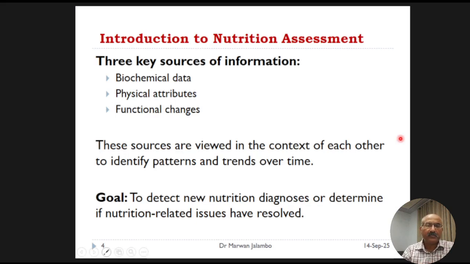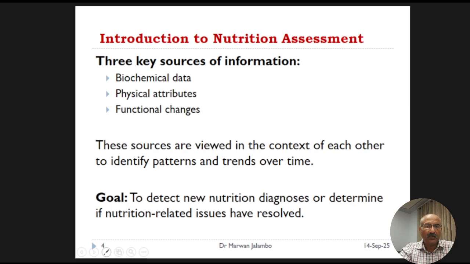A thorough nutritional assessment integrates three crucial sources of information: the biochemical data, the physical attributes, and the functional changes. Biochemical data includes lab results, physical attributes such as body measurements, and functional changes like loss of strength.